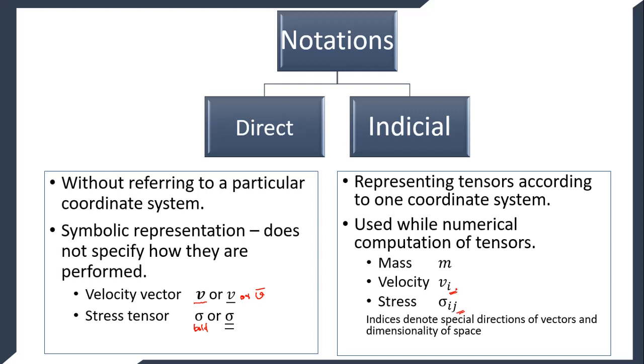index, which denotes that it has a dimensionality of 1, while the stress tensor is a multilinear object, or a tensor. Therefore, we have two indices, which indicates that we need two basis vectors to specify one component. These are given in the x, y, z coordinate system. Therefore, this can be indicial notation. Indicial notation can be used only if we specify something or talk about something in one particular coordinate system.